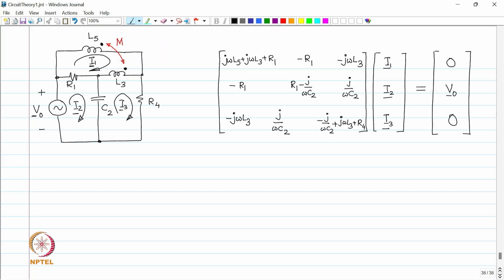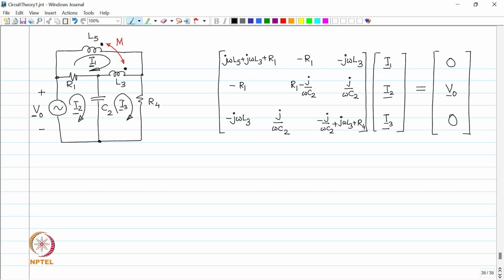This we had written when m was equal to how much? 0, when there was no coupling. The coupling coefficient was equal to 0, this is what we had written, no coupling between the two inductors.